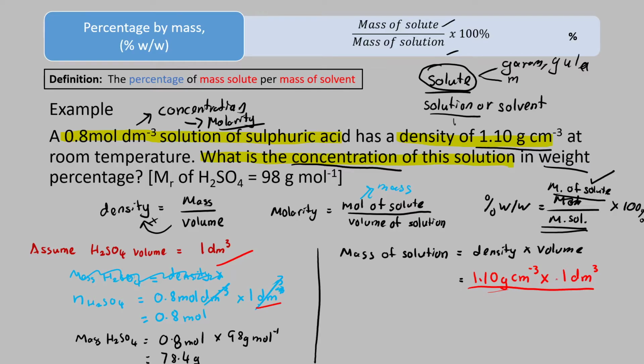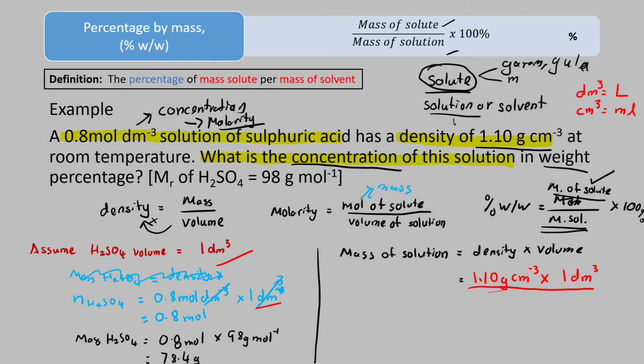So macam mana nak tukar, right? So dm cube, okay, I'll give you this lah. So dm cube is equivalent to liter, 1 liter. Alright, cm cube is equivalent to milliliter. Okay, how many milliliter in 1 liter? 1,000.